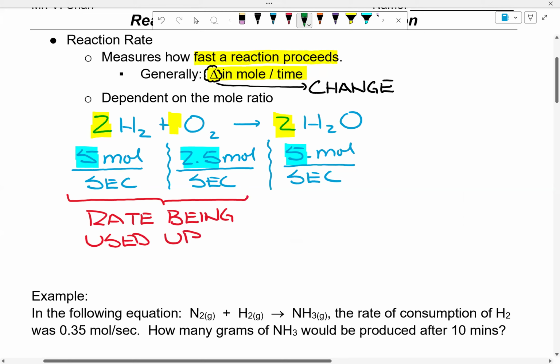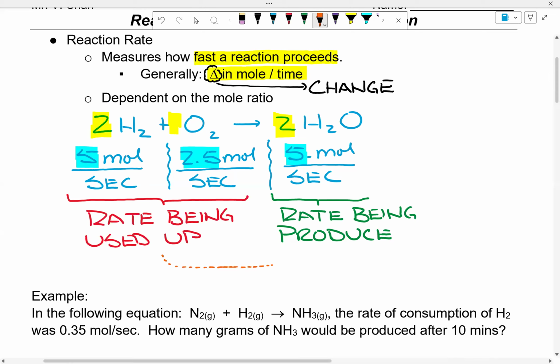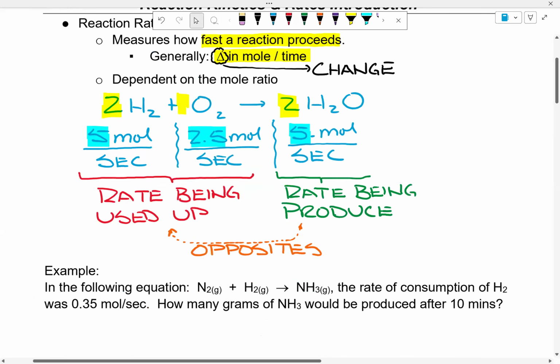And here on this side, my products is the rate being produced. One thing I would like you folks to be aware of is that the rates here are opposites. As one is being used up, the other is being produced.